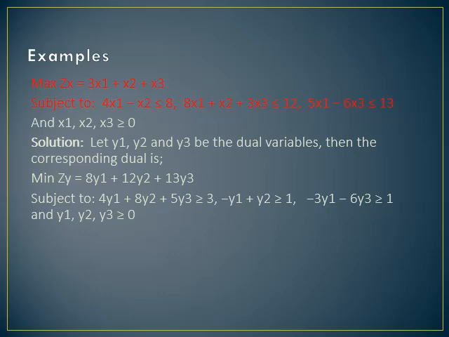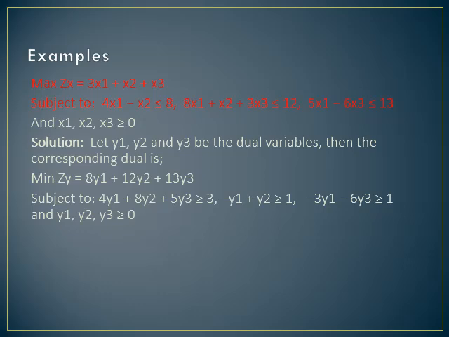We emphasized before that the constraints of maximization must be less or equal. In this case, constraint number 2 is more or equal.